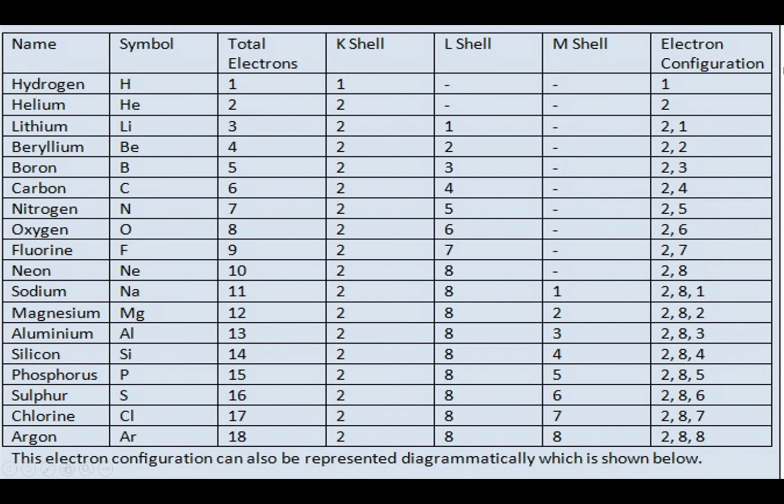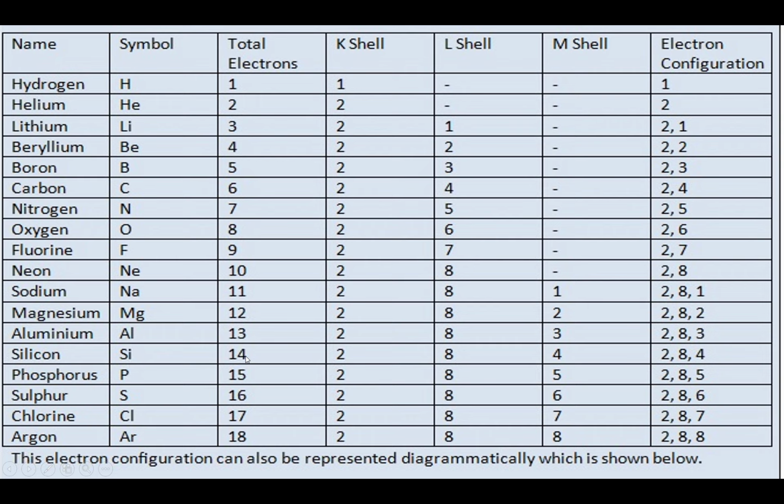This is a chart of the first 18 elements taken from the periodic table. Their atomic number is written over here, and then their number of electrons in the K shell, L shell, and M shell is written. We can take an example of silicon.